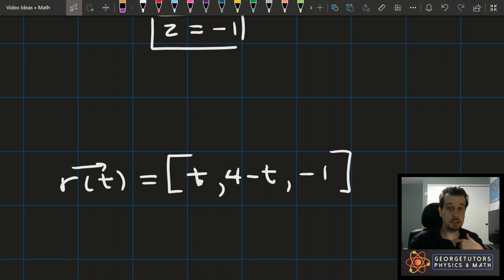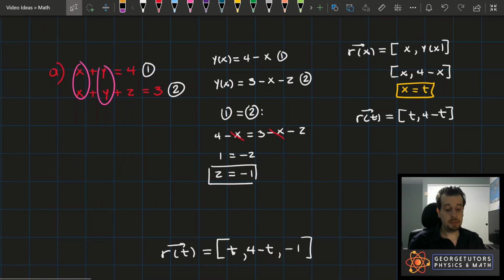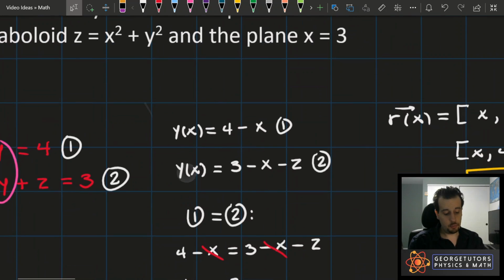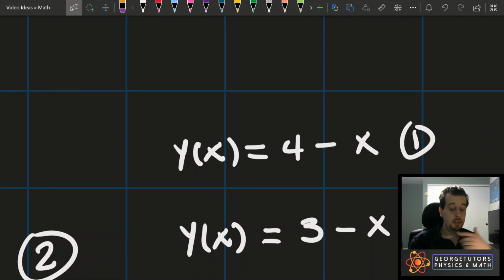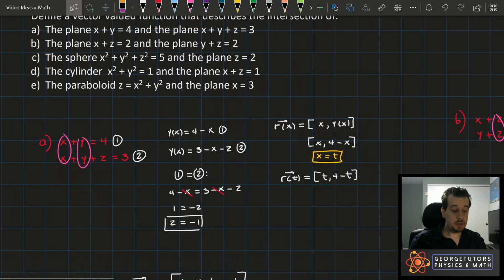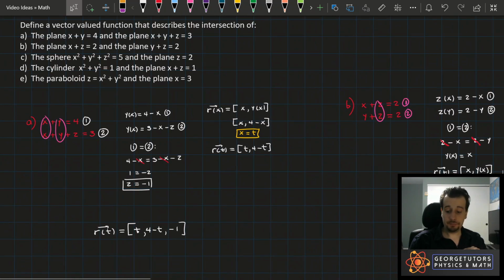We'll put it in as is. Some other times we got equations for y in terms of x, where x is the independent variable. So essentially we replace x by t, and y here would be 4 minus t. You got the other two components and you're good to go. So practice this and you should be golden.